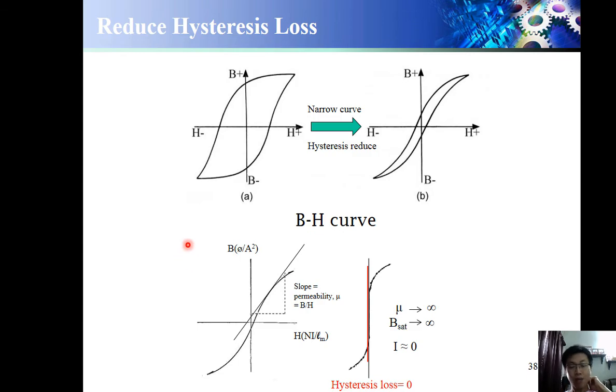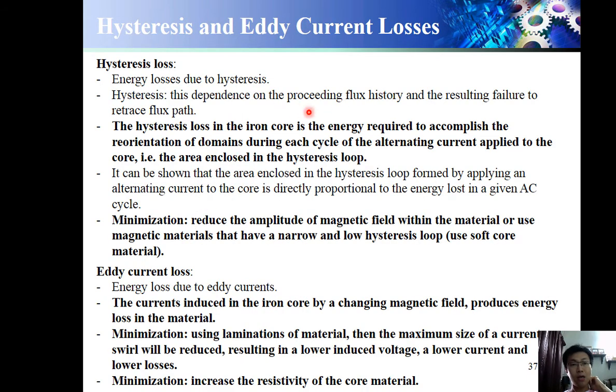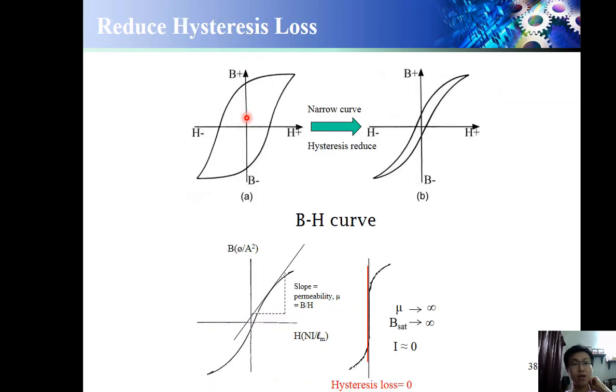Just now we talked about the dependence on the preceding flux history and the resulting failure to retrace the flux path, right? Hysteresis loss is the area inside this loop. Now we need to know what this is. This is a BH curve, flux density versus magnetic field strength. How can we get magnetic field strength?